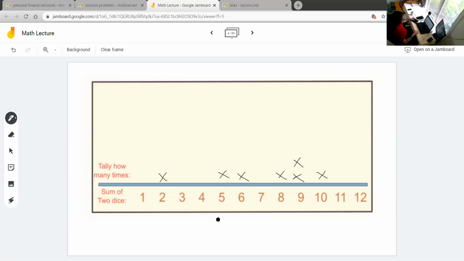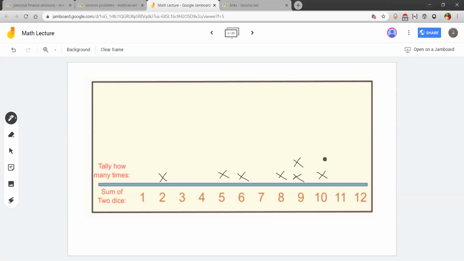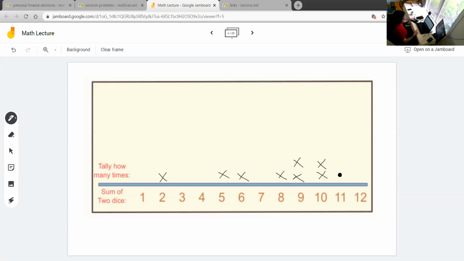More dice rolls. Keep calling them out, or type them in chat or something. 10. And I get an 11. 9. Getting lots of 9s. 4. I got a 5. Another 4.